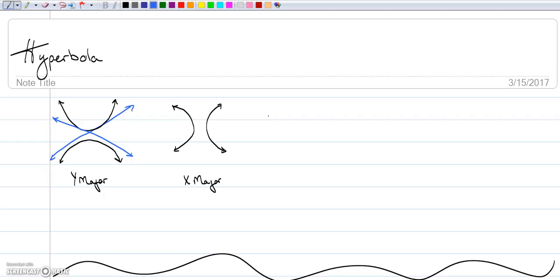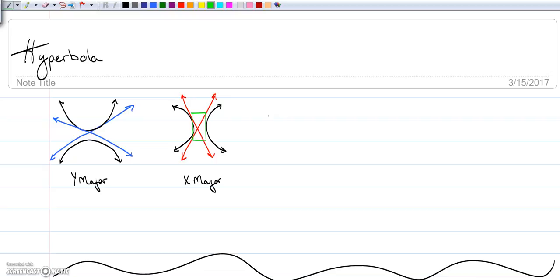Similarly, because we have these asymptotes cutting through the middle, we need to be able to place those. And that's where our A, B, and C relationship is going to come in handy. Inside of the empty space between here, it's kind of a box that's formed. And the asymptotes connect the different corners.